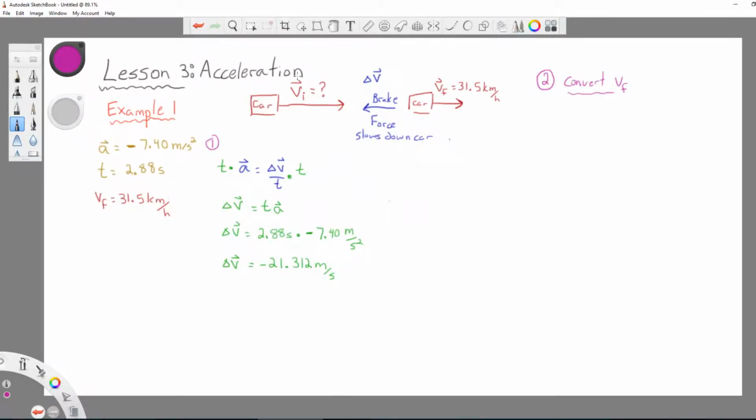Here we just solved delta V, the change in velocity. So when we're converting our final velocity, what do we got to do? Well, we start with 31.5 kilometers per hour.